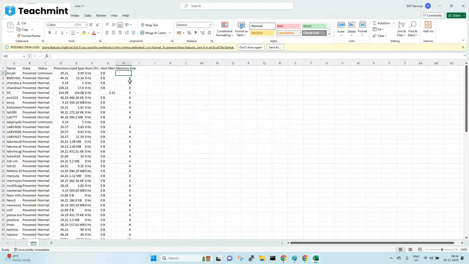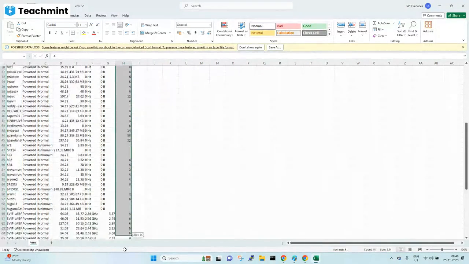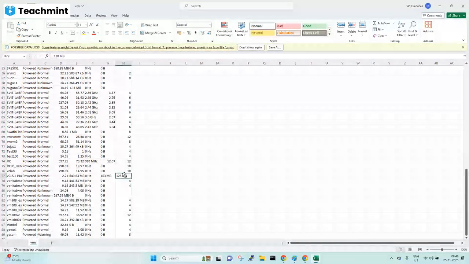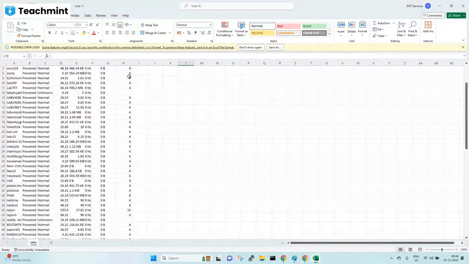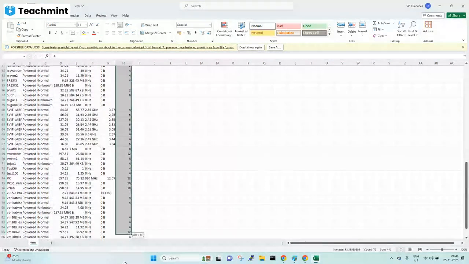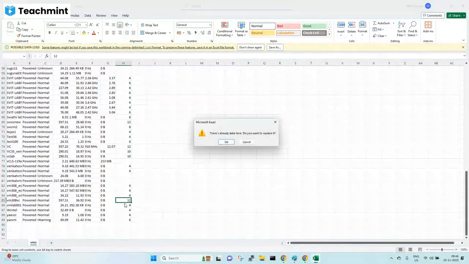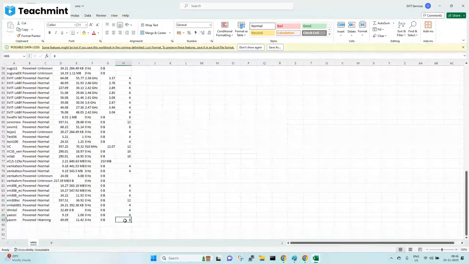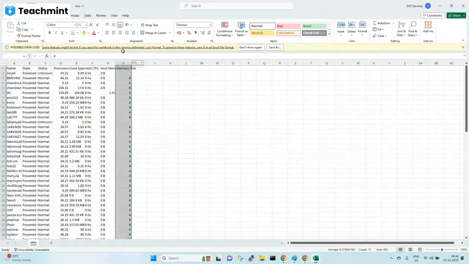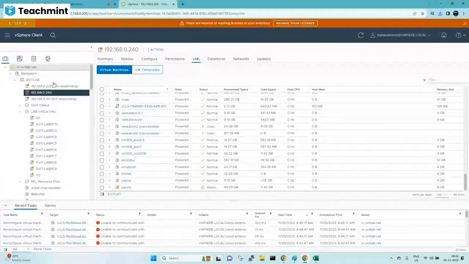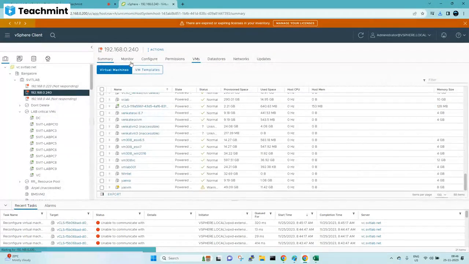Okay, this is memory size. We'll count it. 462 GB. Okay, and total we have is 64 only.